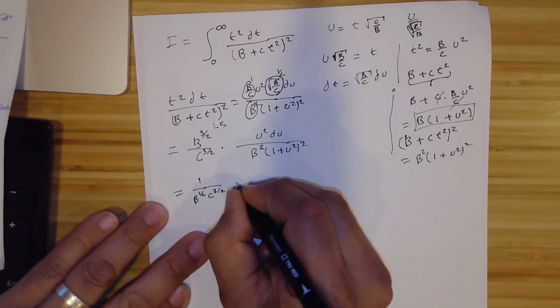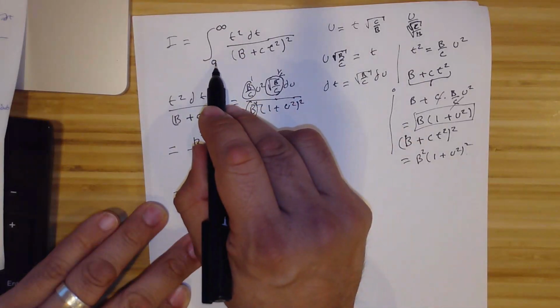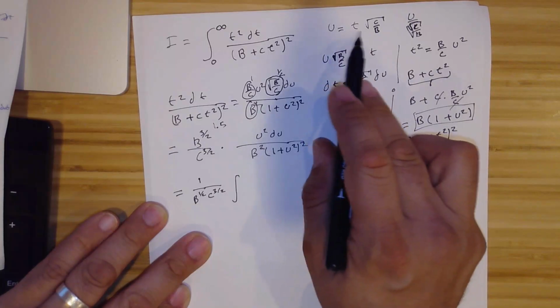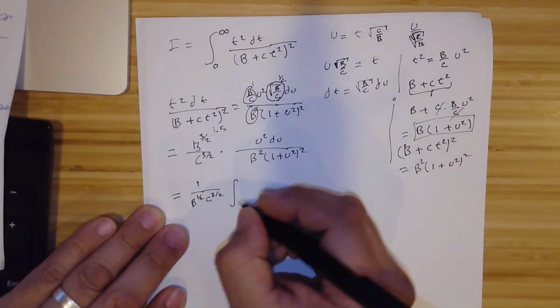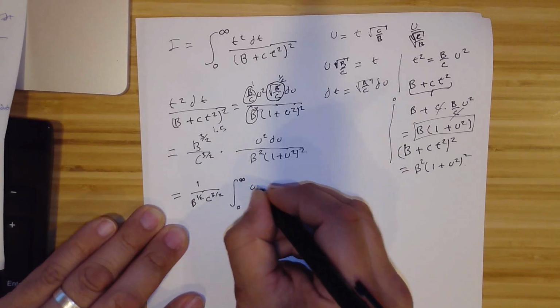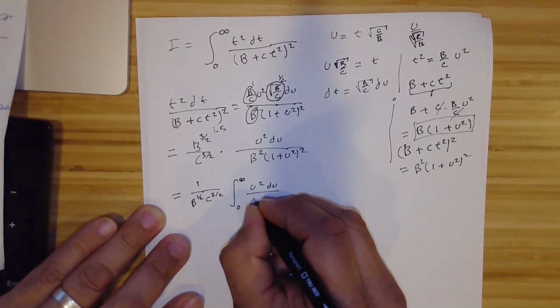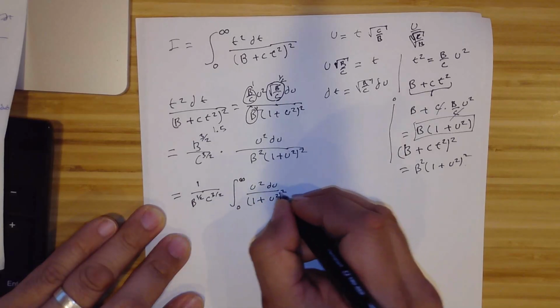Okay, if we see here, we go from 0 to infinity, and the variables that we have here are linearly related, so we will also have the limits from 0 to infinity of u squared du over 1 plus u squared squared.